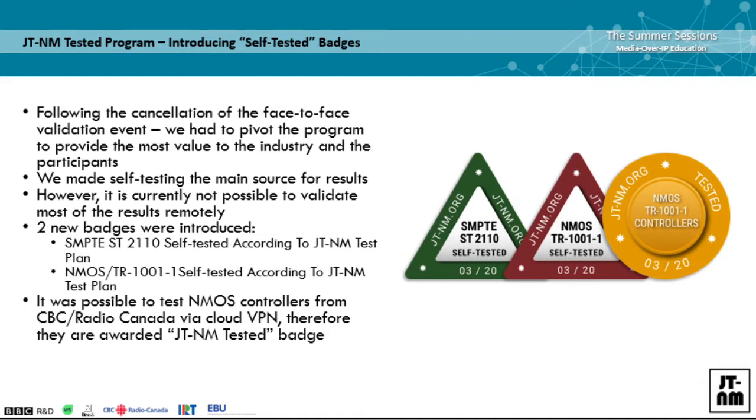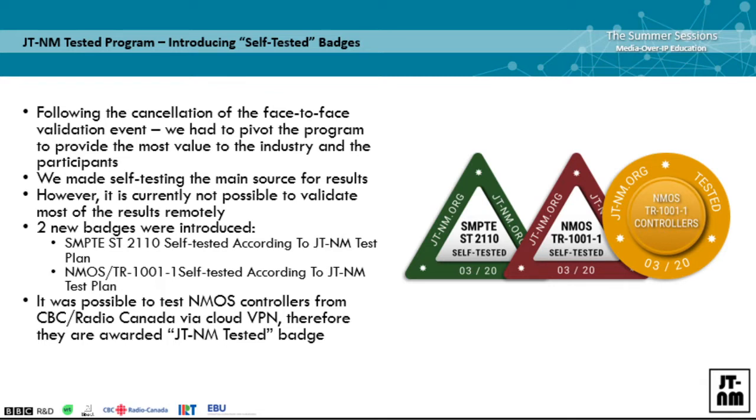The ST2110 self-tested and the NMOS TR1001-1 self-tested. Officially behind the scenes it reads self-tested according to the GTNM test plan, either ST2110 or NMOS TR1001-1 test plans. This basically indicates that the results are mainly based on the self-testing reports that were submitted to us.